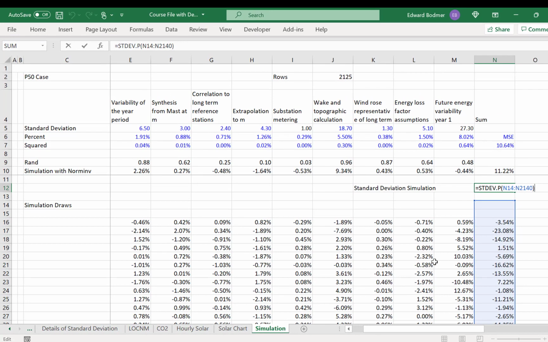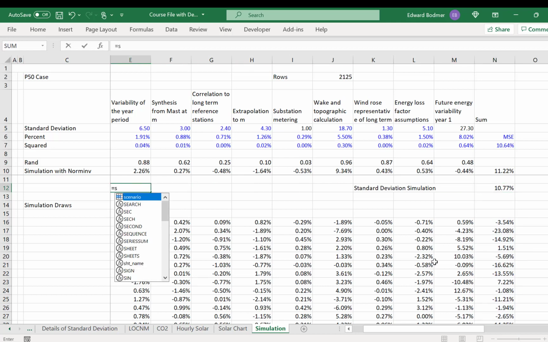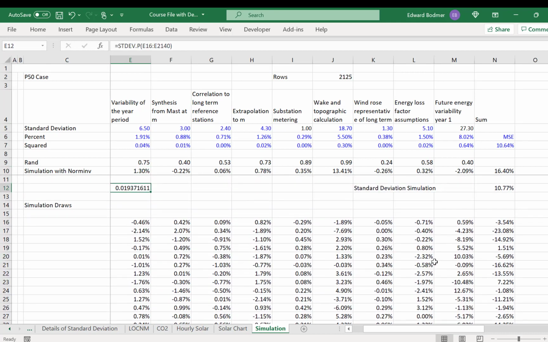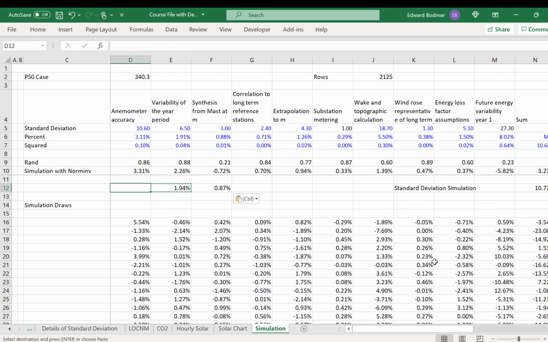And then I took the standard deviation of the sum. If I would have taken the standard deviation of the other stuff, and you can look at the code and all that stuff, you should get similar.